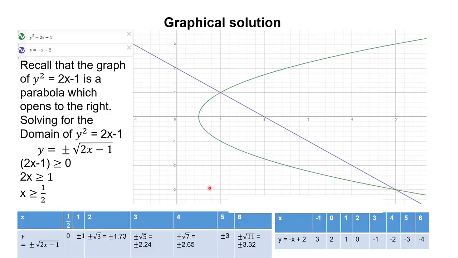So the intersection, if you take a look, is at 5, negative 3, and 1, 1. This is the point 5, negative 3, and the other point is at 1, 1, which is the solution set that we got earlier in our algebraic method.